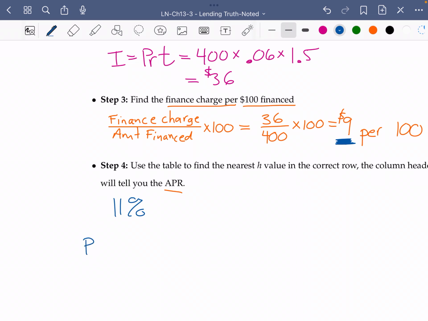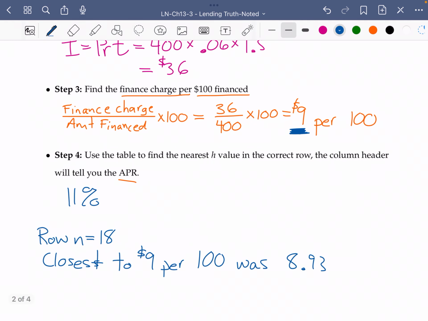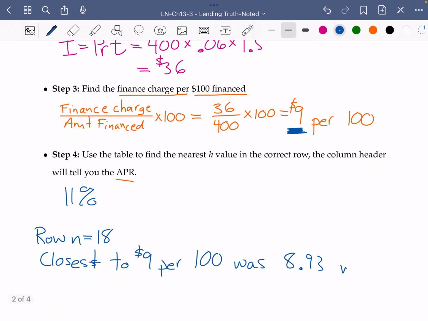We looked in the row N equals 18 because we paid off over 18 months. Our closest value to $9 per $100 was $8.93, and that was in the 11% column.